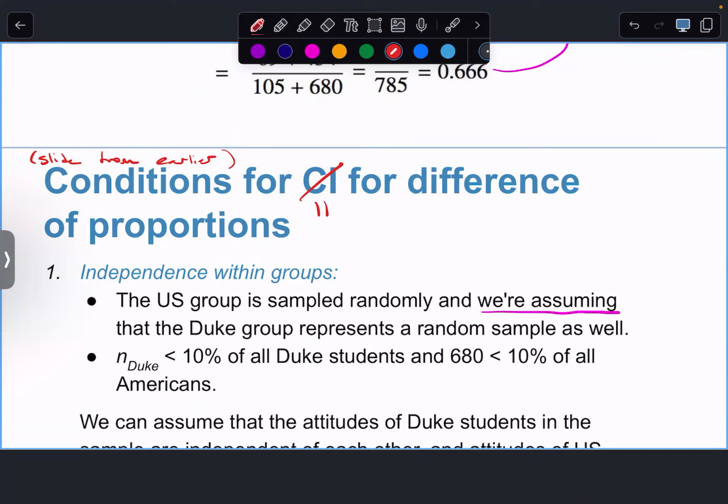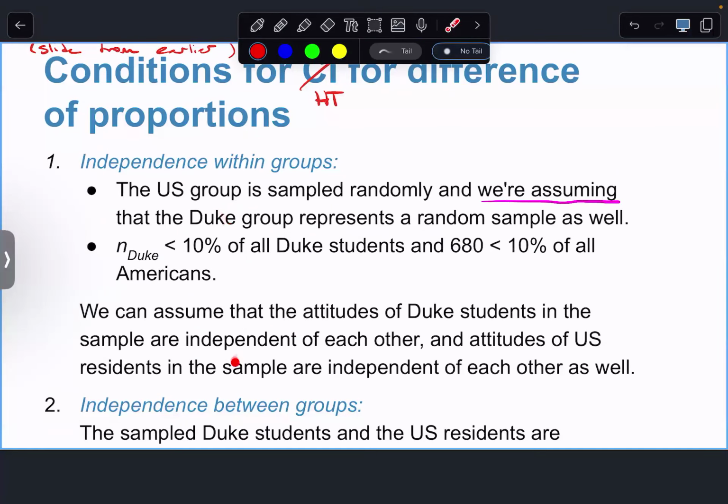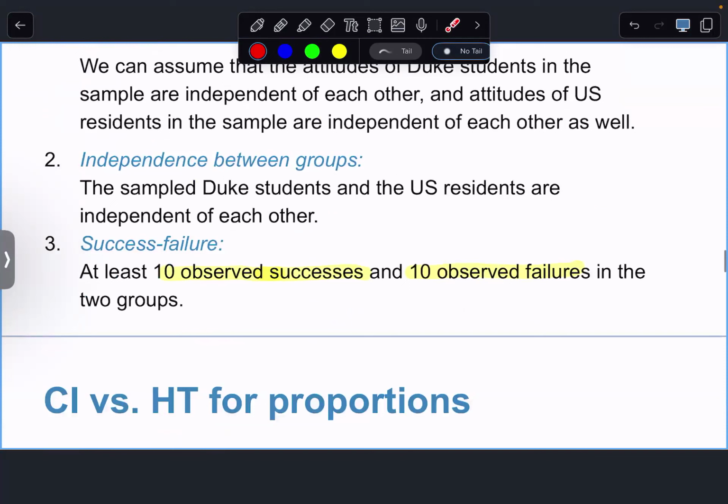But I'm going to change it to hypothesis testing. The independence within and between the groups by random sampling for each group stays the same. And for hypothesis testing, it's the expected successes and the expected failures, which you can check by finding N1 times P hat, and what was that?